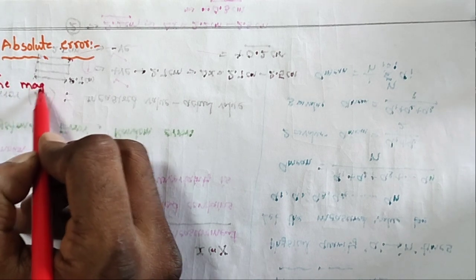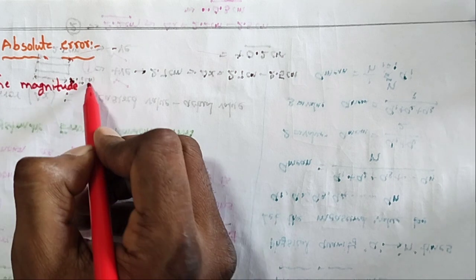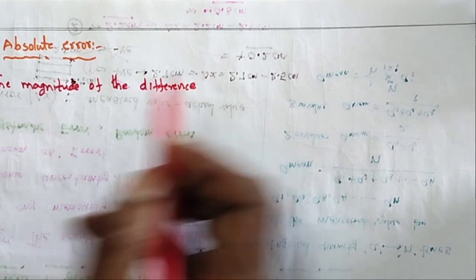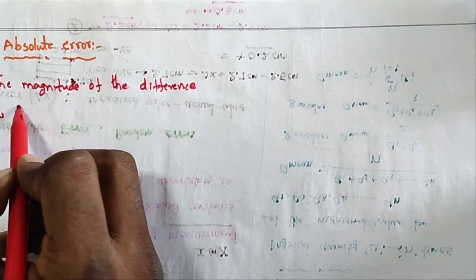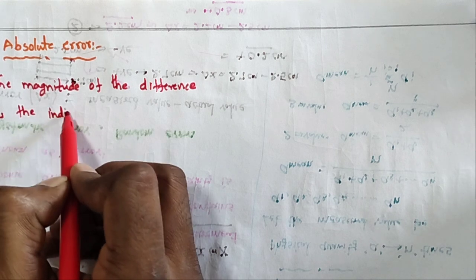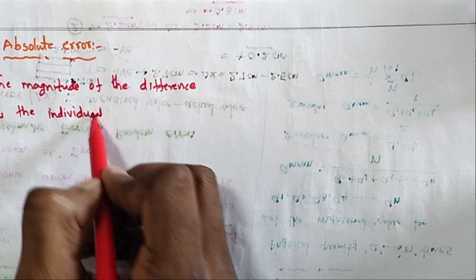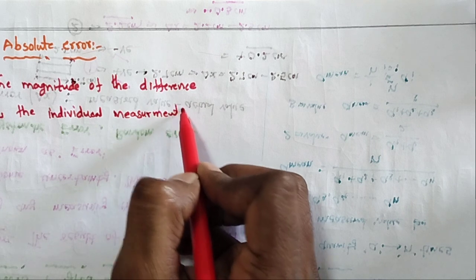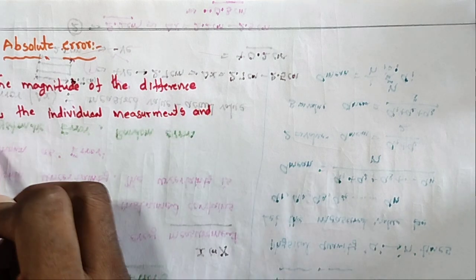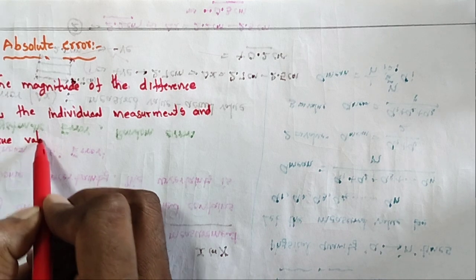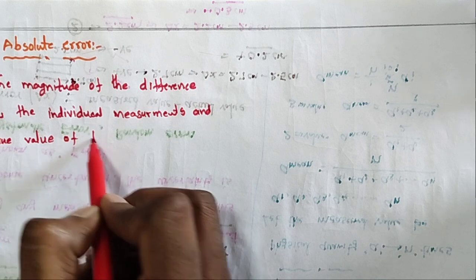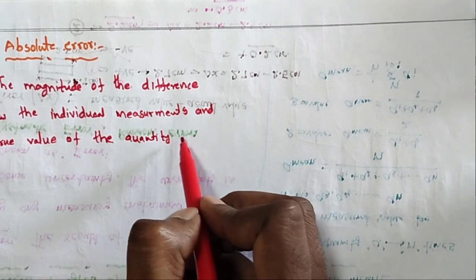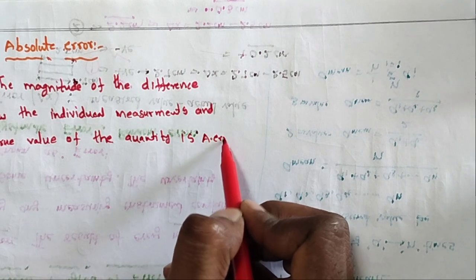The definition: the magnitude of the difference between the individual measurement and the true value of the quantity is known as absolute error.